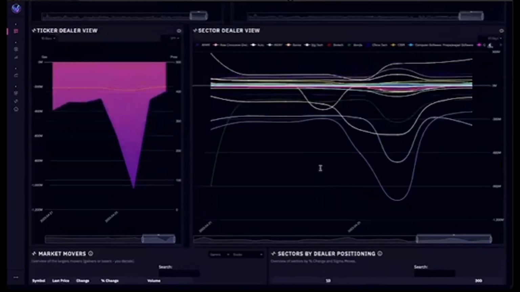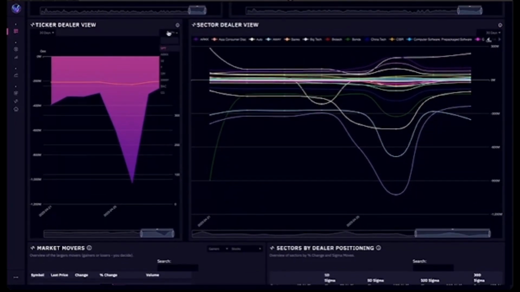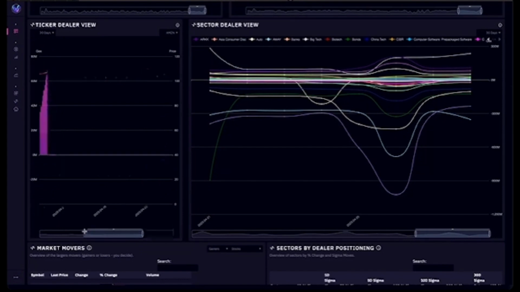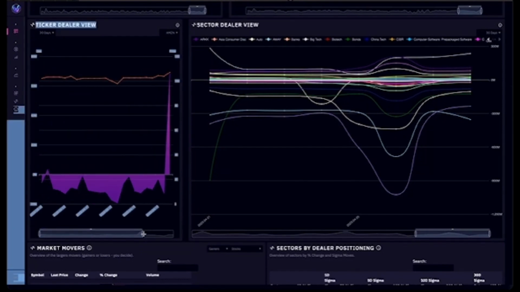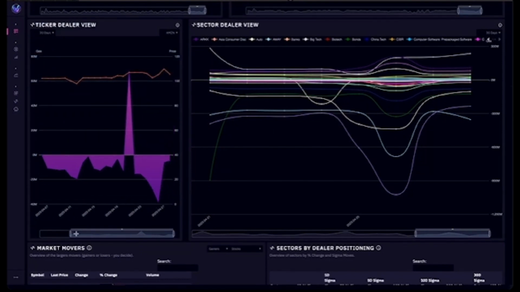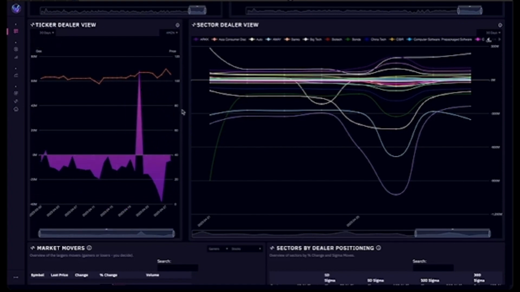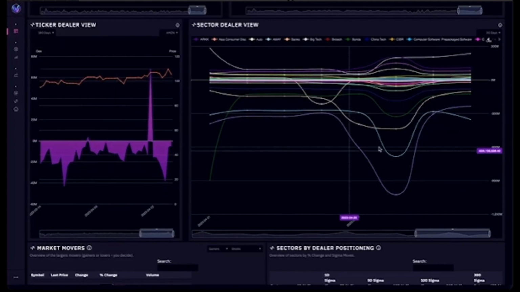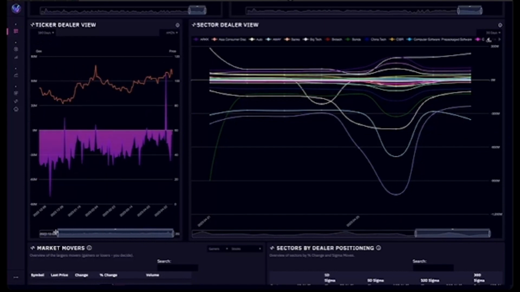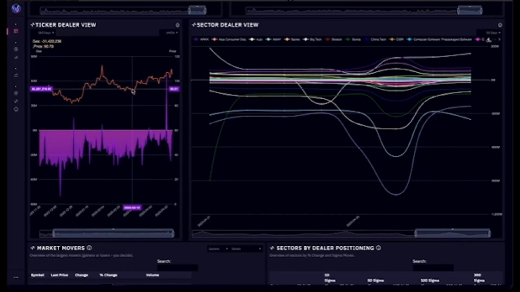I think there's a good example of this with Amazon. If I whittle it down and start looking at an individual ticker, you can see Amazon over here on the ticker dealer view. So these complement each other, as does this table. One thing that's really obvious is if we look at price trend, right?